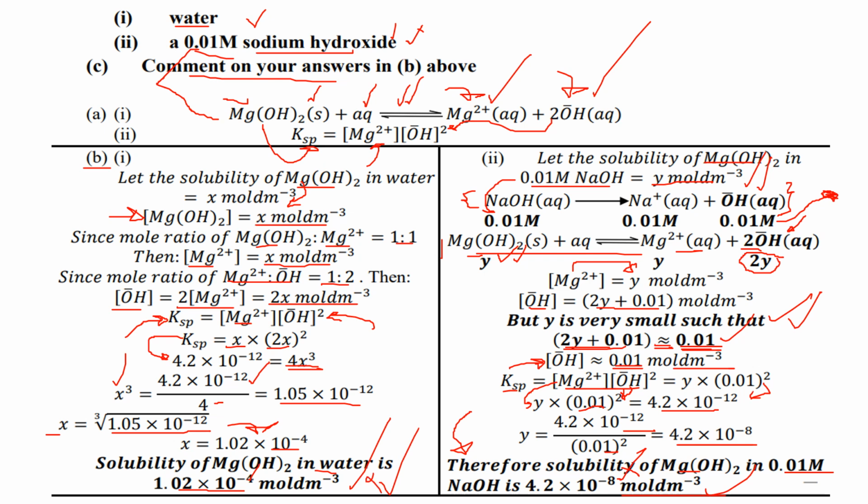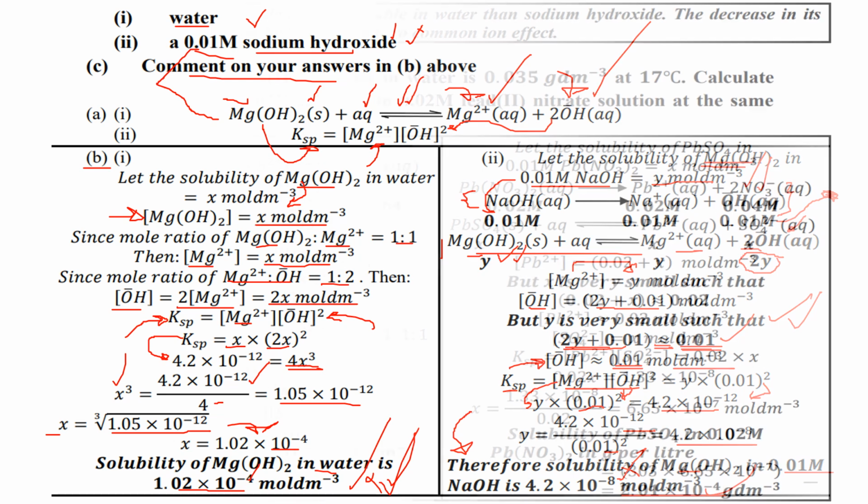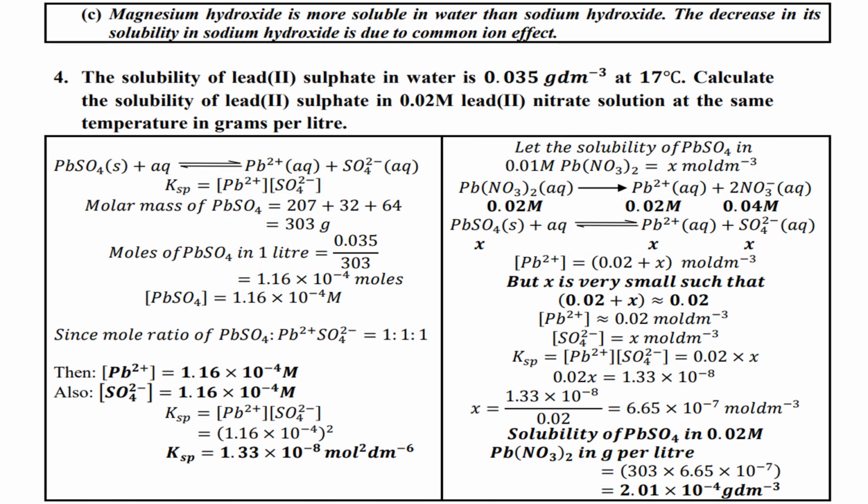So our comment is that the solubility of magnesium hydroxide in sodium hydroxide is very low compared to that in water. Let's put that in words: magnesium hydroxide is more soluble in water than in sodium hydroxide, and the reason for the decrease in its solubility in sodium hydroxide is the common ion effect. So that's how the common ion effect can be handled in terms of calculations.